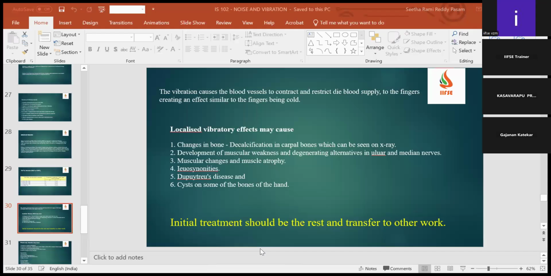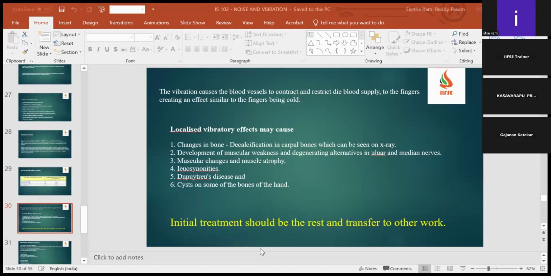When you put your fingers in a cold atmosphere, we feel the blood supply is very low. Due to that, we feel they have become hardened, a frozen kind of feeling. Due to that, we can't move, or we can't sense the temperature or any other things.